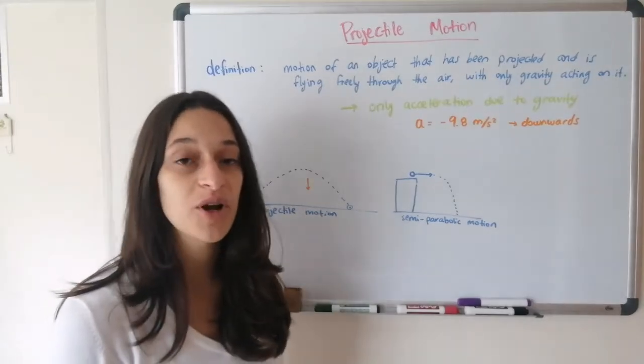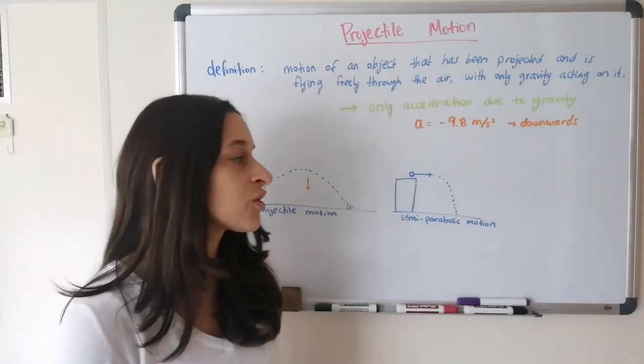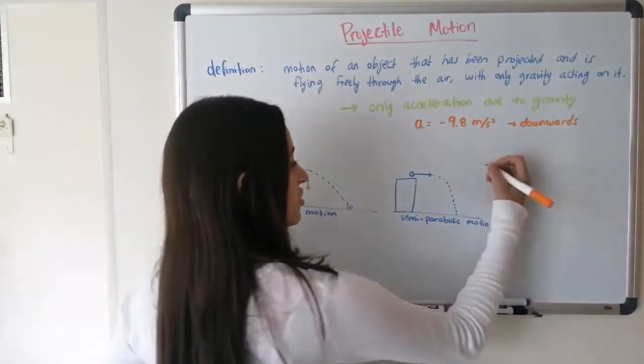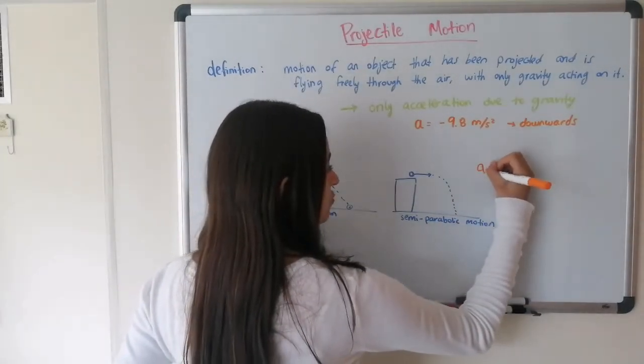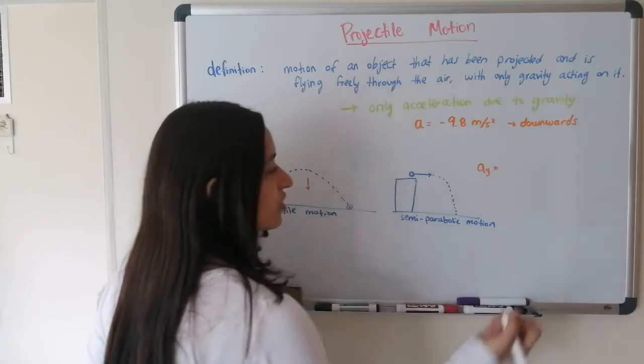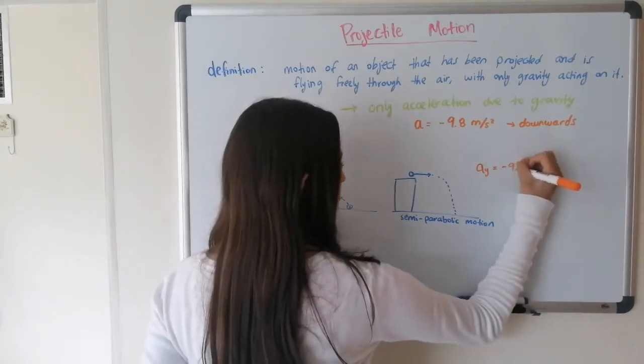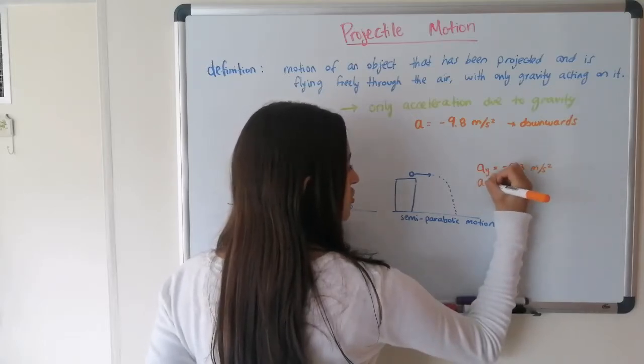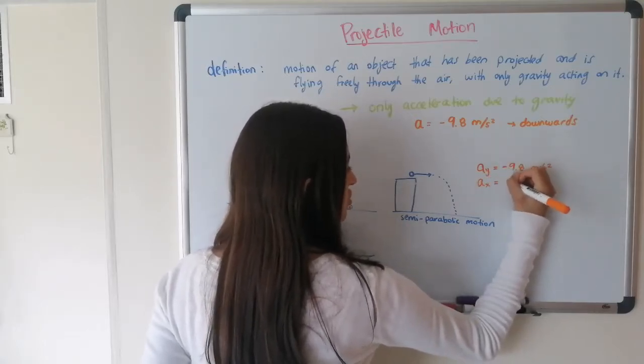So let's look at semi-parabolic motion first. What do we know about semi-parabolic motion? We know that the acceleration in y, so we're going to call it AY, or the vertical acceleration, is negative 9.8 meters per second squared. We always know that. But the acceleration in the horizontal direction is 0.